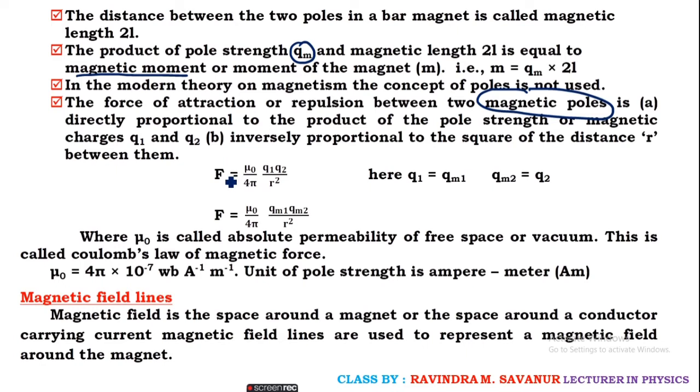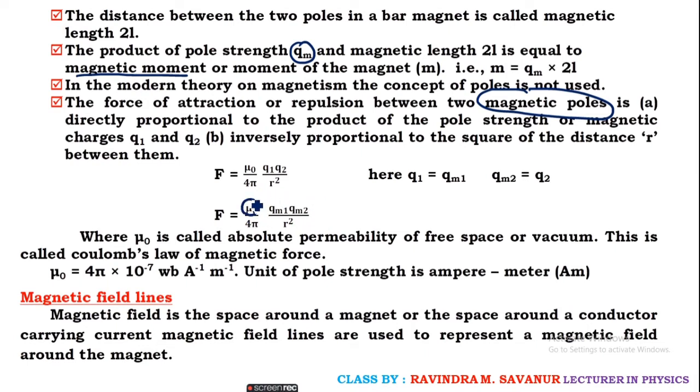Similarly, the force is directly proportional to the two poles and inversely proportional to the square of the distance. Hence, equalizing the proportionality, we can get a mathematical equation, that is F equals mu naught upon 4 pi, Qm1 Qm2 upon R square. Here Qm stands for magnetic poles.